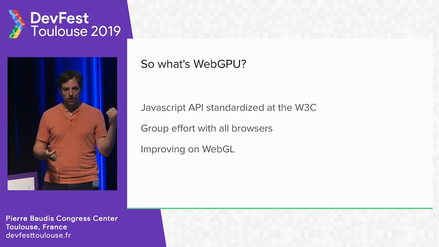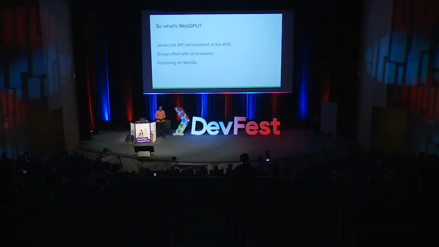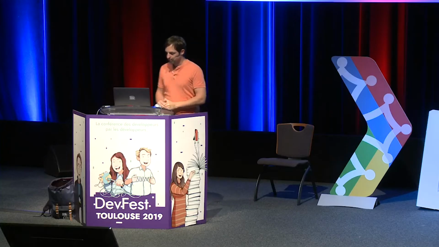So we have people from Firefox, from Safari, from Edge, from Chrome, obviously. But we also have a number of hardware vendors. For example, Intel is heavily involved. So what's great is that it's really a group effort. And when WebGPU is finished, we know it will be ubiquitous, and so you'll be able to use it everywhere.